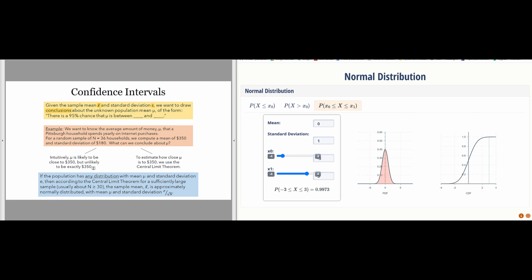The idea that the population mean would be exactly the same as the sample mean, that's pretty unlikely. Now, we rely on the central limit theorem because our sample size is greater than 30 to compute a confidence interval of how close we think the true population mean is to $350.